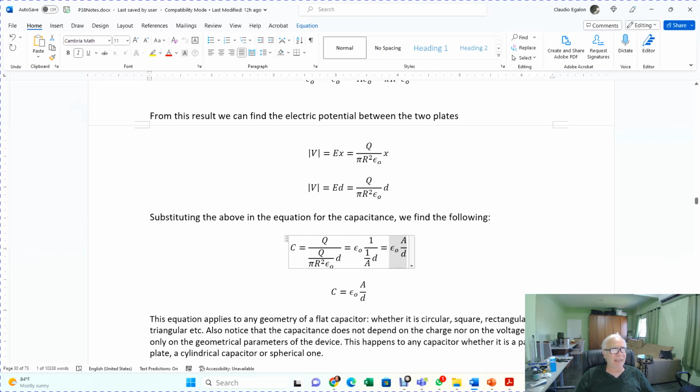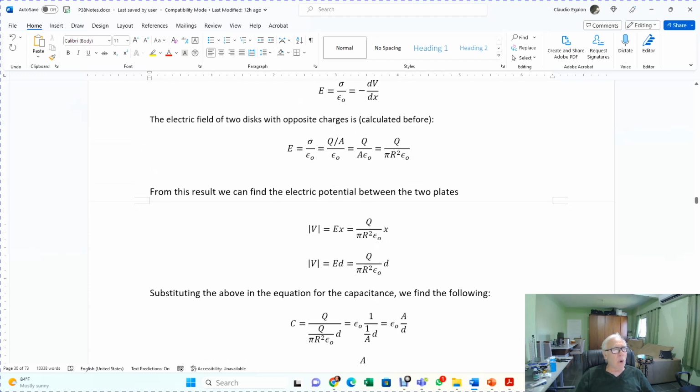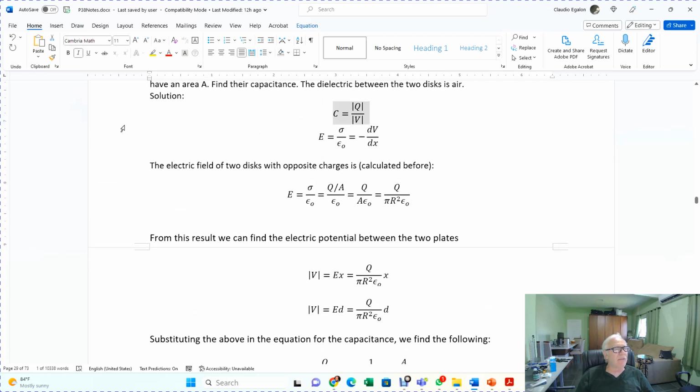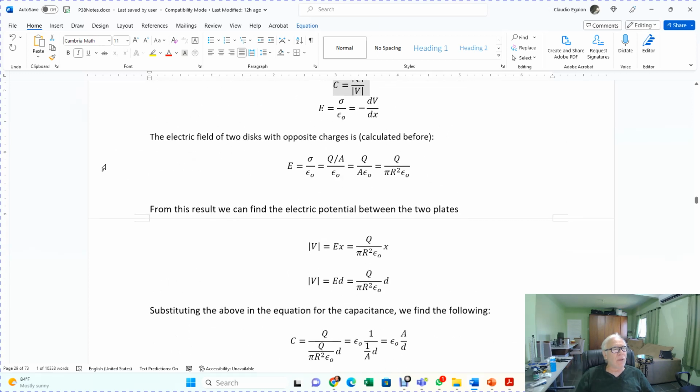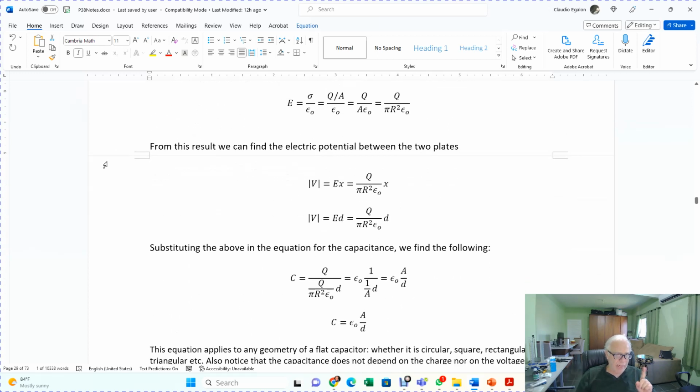over d. One thing that's very important: even though the capacitance is defined in terms of Q and V, the final result of the capacitance for any capacitor is not going to be dependent on Q, neither on V. Why is that? Because the V is always proportional to the charge, and this Q is always going to be canceled out.